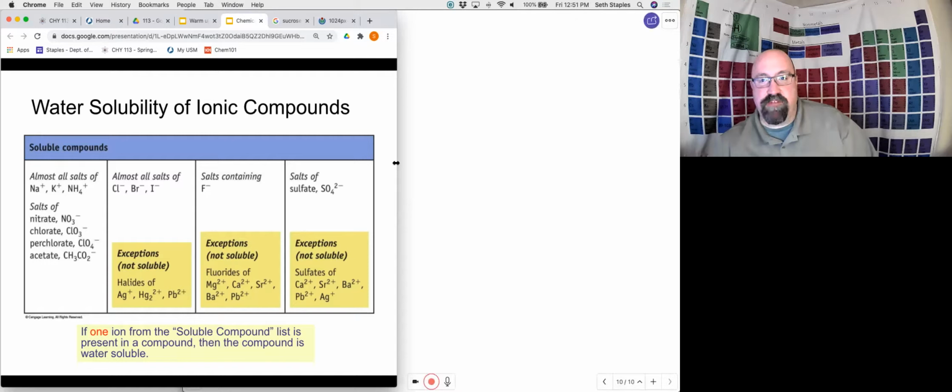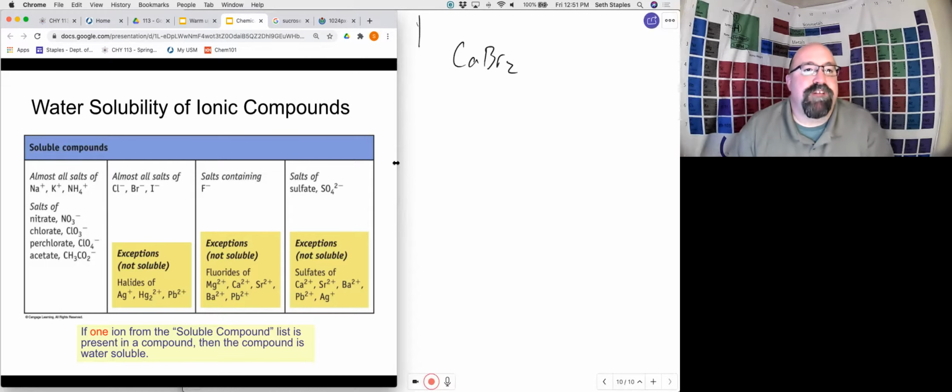Let's just look at some examples. Let's say CaBr2, calcium bromide. I look at my solubility chart and I see that bromide is in my soluble list. Almost all bromides are soluble.